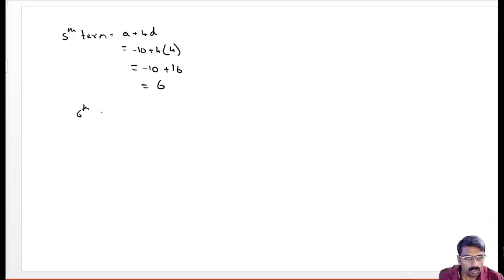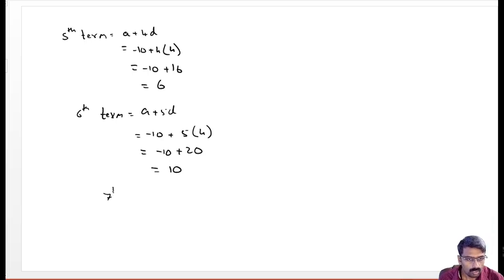So sixth term, a plus 5 times d, that would be equal to minus 10 plus 5 times 4, that would be equal to minus 10 plus 20, the answer is 10.